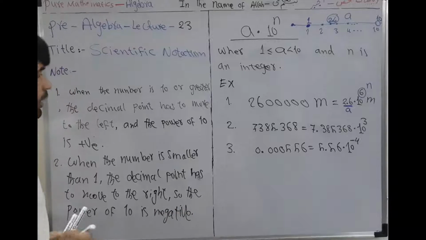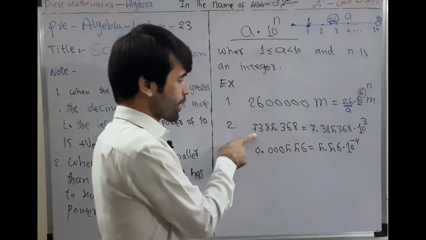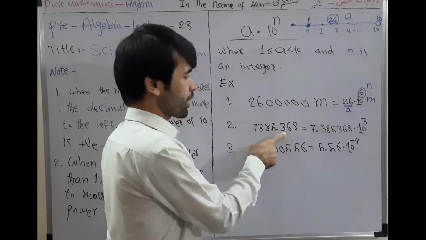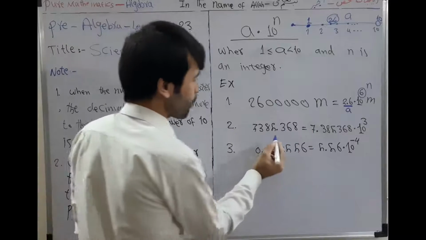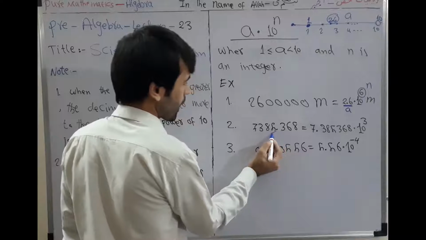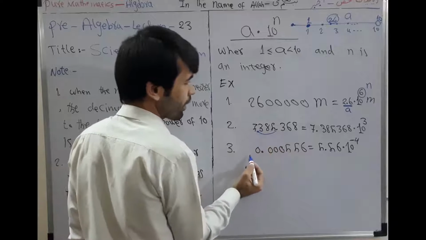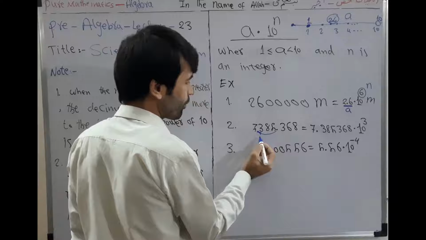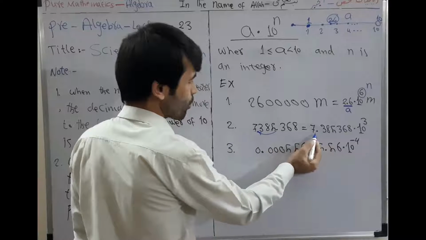It is the notation. Here, if you see, we change these two numbers. 7385.368 is equal to 7.385368 times 10 cubed. Here the decimal point came to the left side, in front of 7. It must come in front of the first number from the left side.